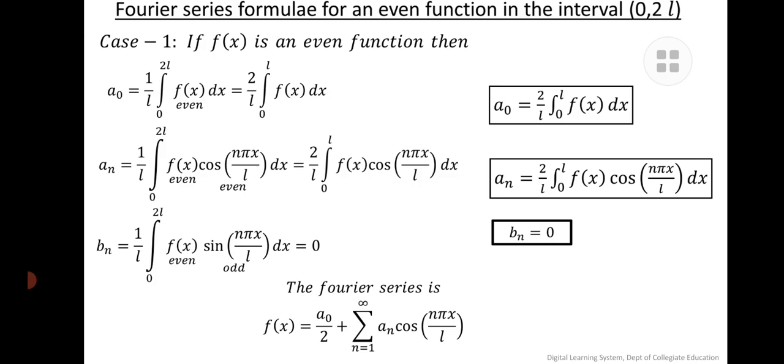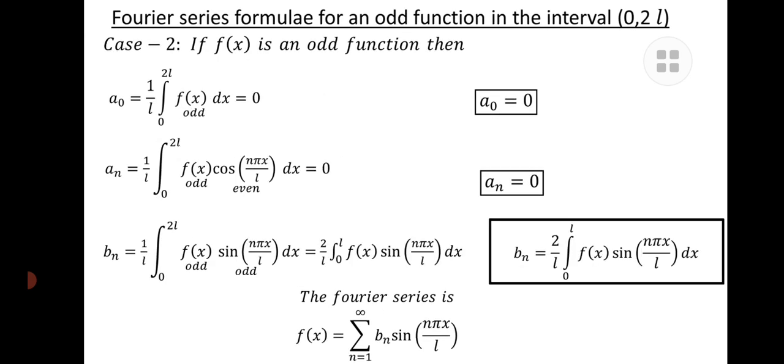So the bn value is 0, because of the property of even and odd functions. Considering all the Fourier coefficient terms, the Fourier series is f of x equal to a0 divided by 2 plus summation n equal to 1 to infinity an cos n pi x divided by l.